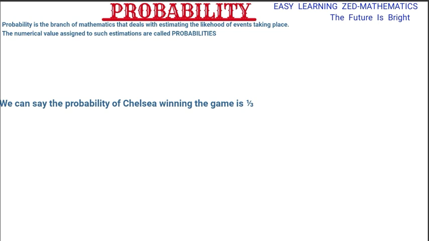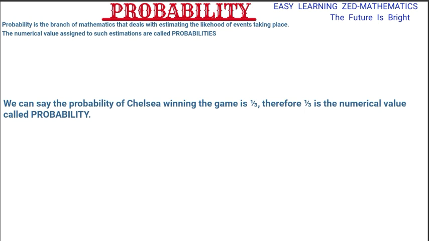The second one is that Chelsea can draw, that is the second probability. And the third one is that Chelsea can also lose, that is the third probability. So the probability of Chelsea winning is 1 out of 3 probabilities.